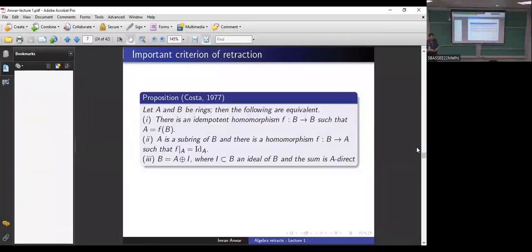So there is a very important result given by Costa in the same paper that says that if A and B are two rings, then the following properties are equivalent.